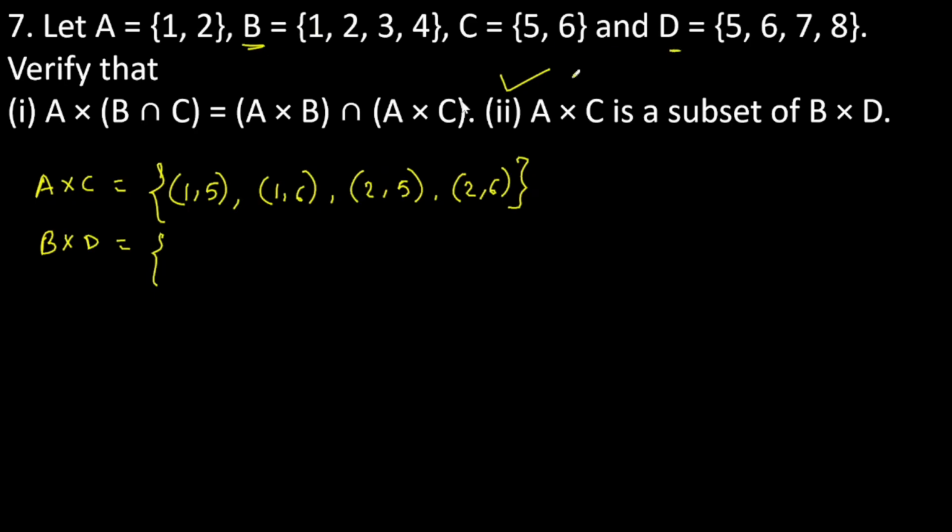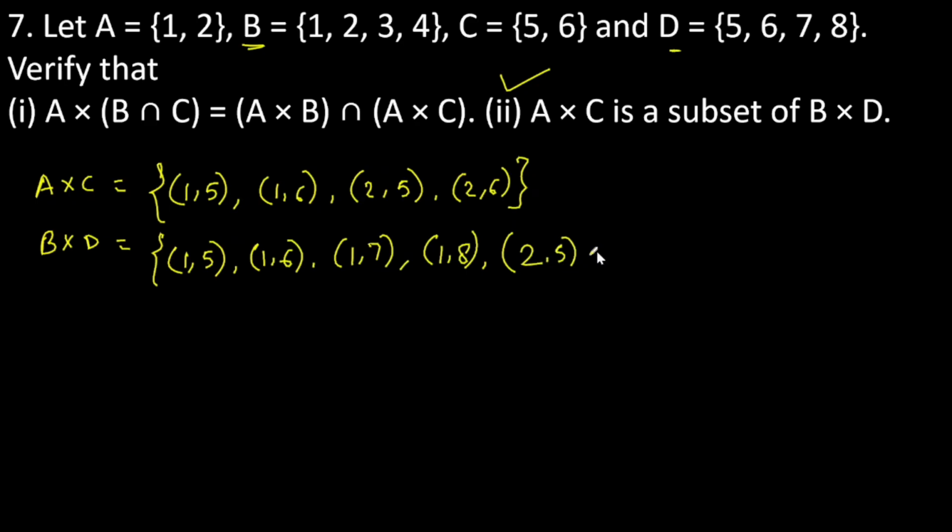So 1 will pair with 5, 6, 7, 8. So 1, 5, 1, 6, 1, 7, 1, 8. Next 2, 5, 2, 6, 2, 7 and 2, 8.